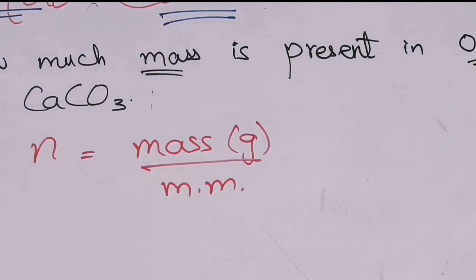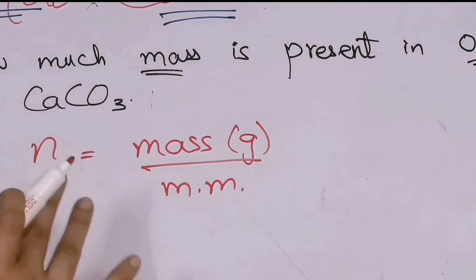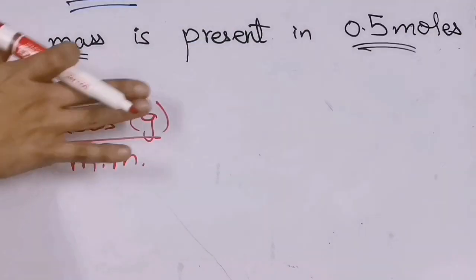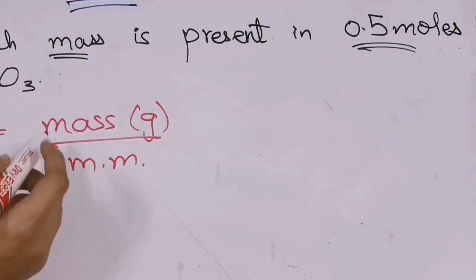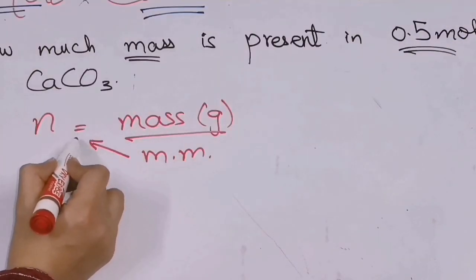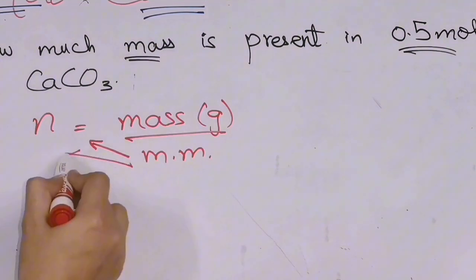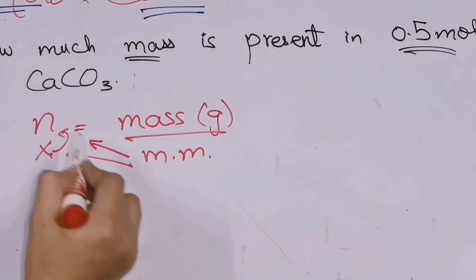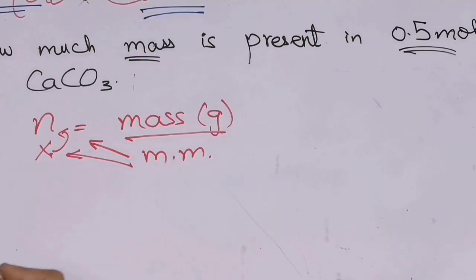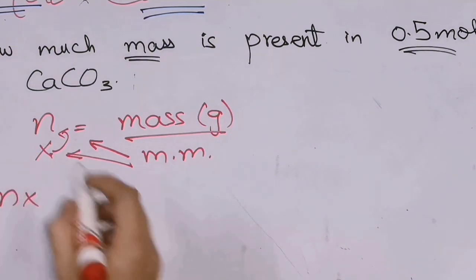Okay, now what will happen? We will rearrange this formula. This mass will stay in its place and this molar mass will go on the other side. It is in division form. On the other side, it will multiply with the molar mass. So after rearranging the formula, it will be in this way.